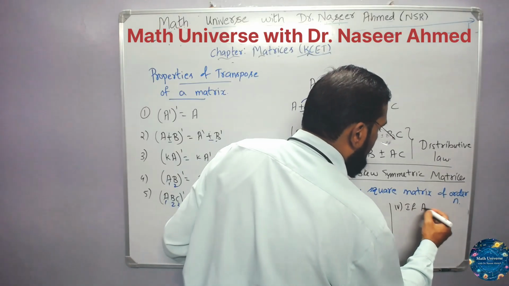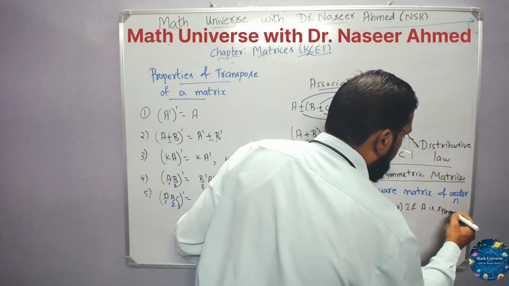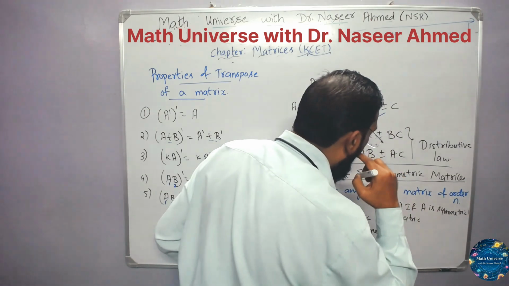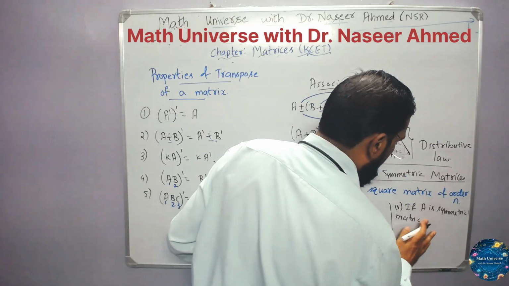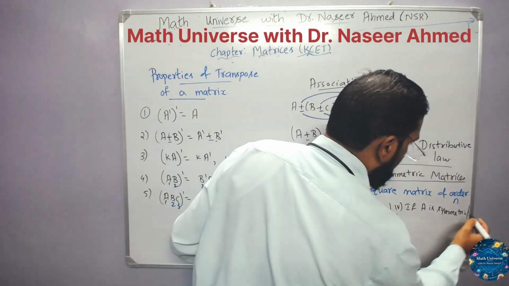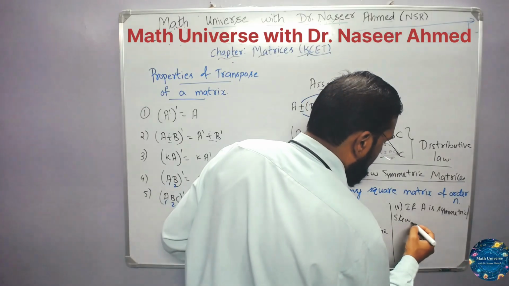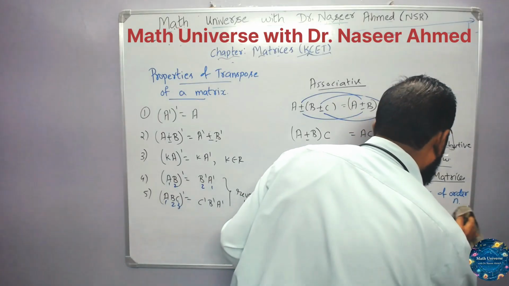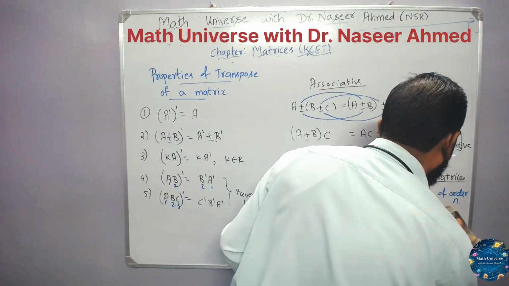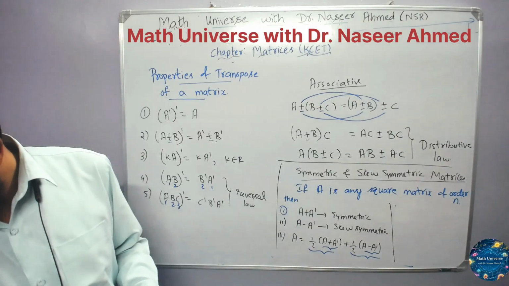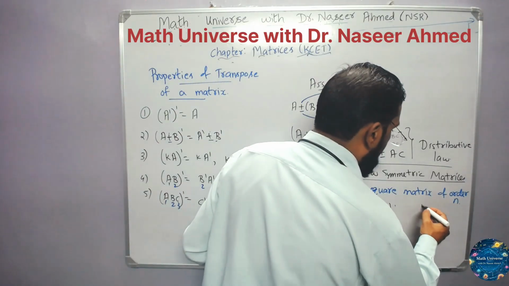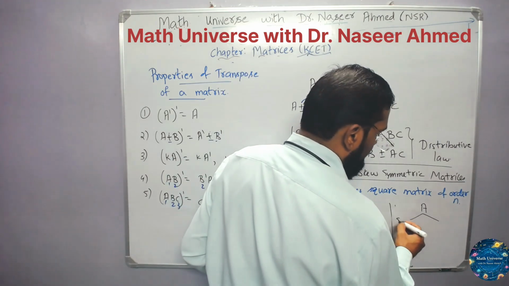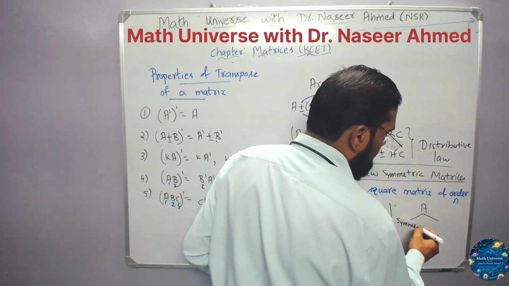If A is a symmetric or skew symmetric matrix, I'll just write it like this since space is not sufficient for a while. What I want to comment, listen. Let us suppose I have a matrix A, and let us suppose A is a symmetric matrix.